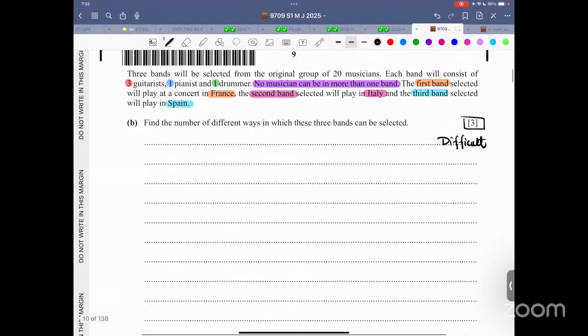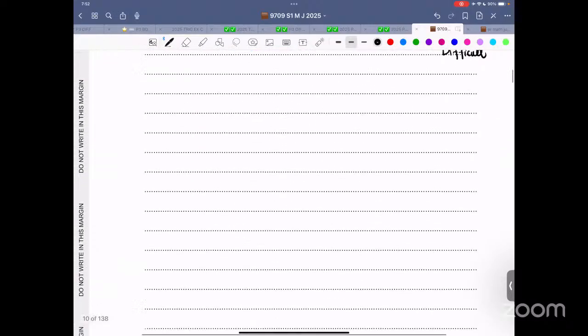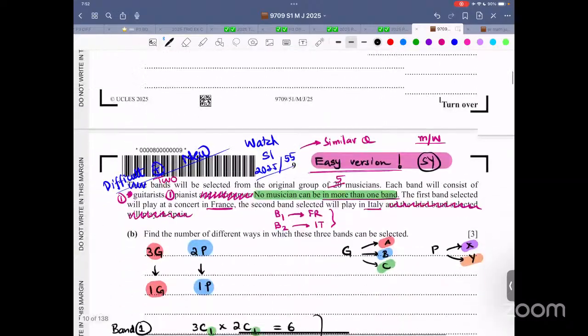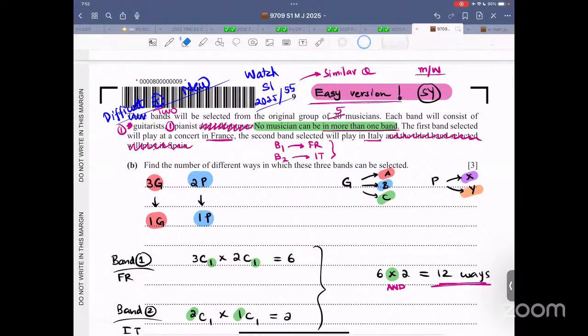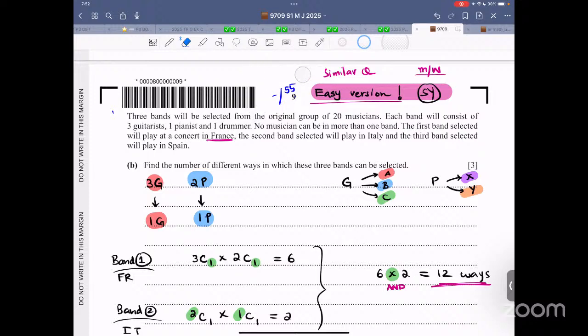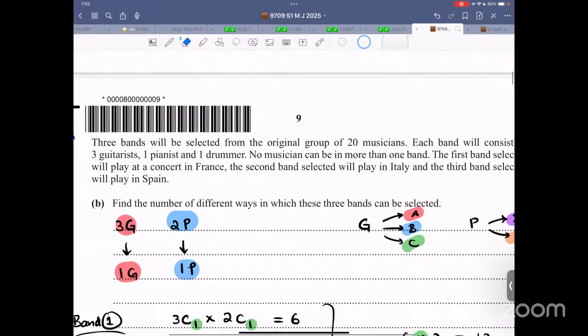So what I have done is that I have first modified the question. So I have done this. Let me remove this thing, and so you can easily watch what I'll be doing. That is the easy version. Let me just remove this. Okay. So now over here, just focus on this.